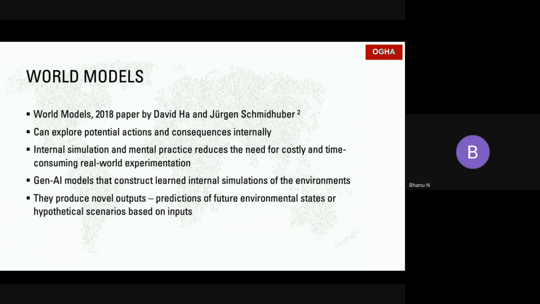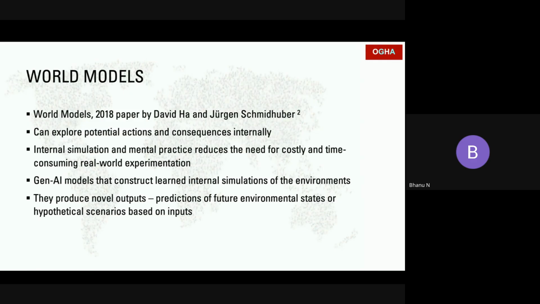So they have this internal simulation, a kind of mental practice within the model, so you don't have to really teach them with real world experience. If you have to teach a robot with a real practical scenario, it becomes very costly, some of it is very dangerous, and some of it is not practical, like mining or space tasks.